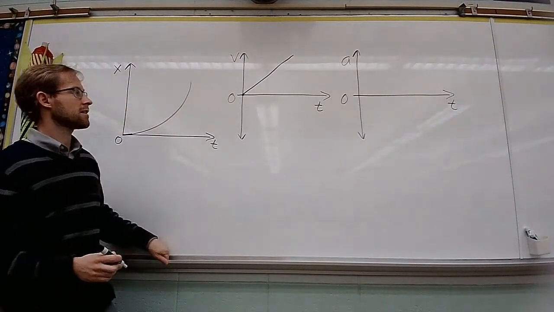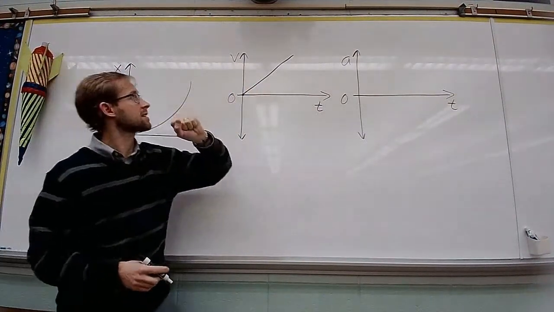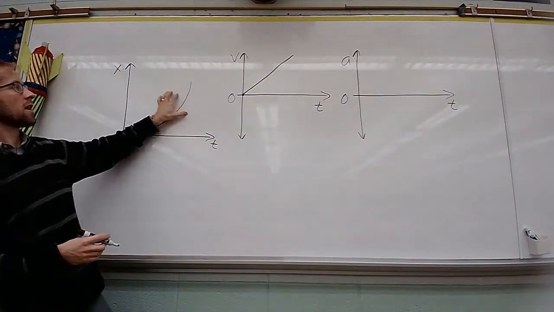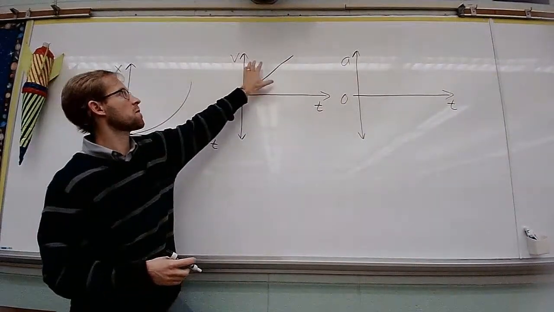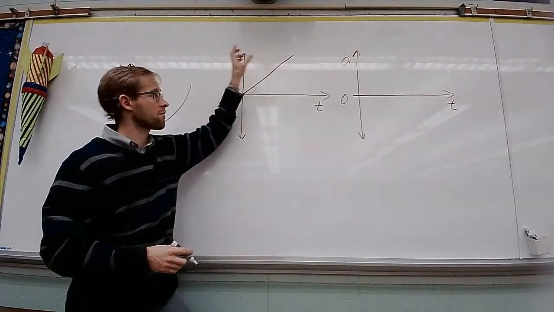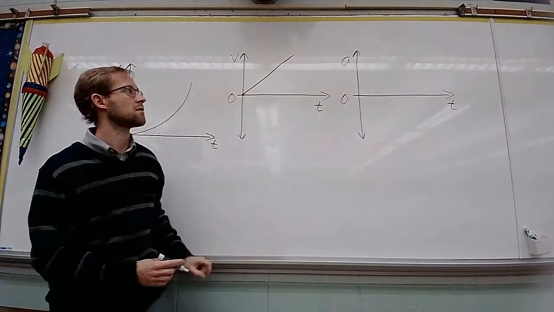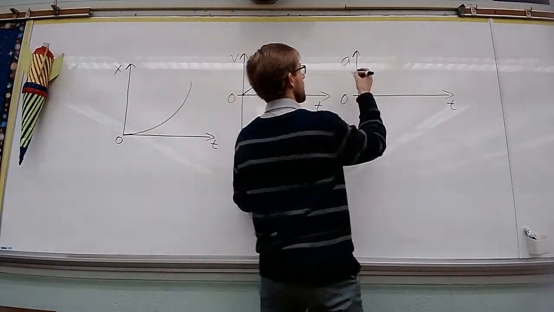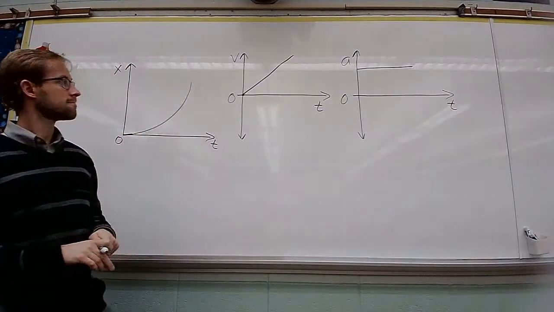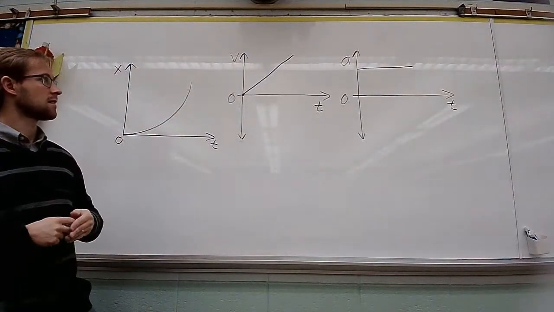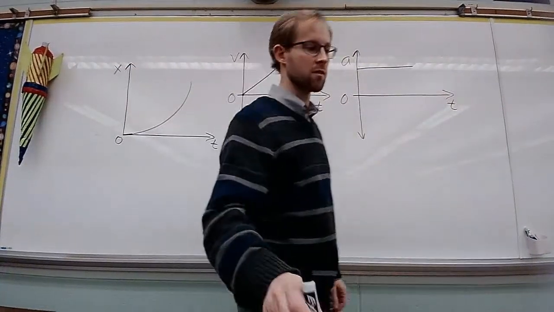The other part of this is once you have your velocity time graph, in the same way that the slope on the position time graph represents velocity, the slope on a velocity time graph represents acceleration. So this is a constant, positive slope, which means we've got ourselves a constant, positive acceleration. That's one example. We'll see how many of these we can get through by the end of the hour.